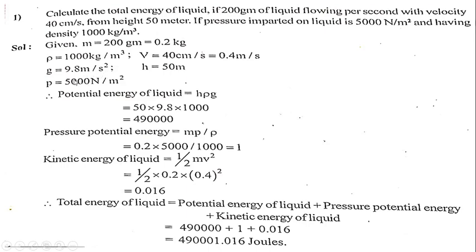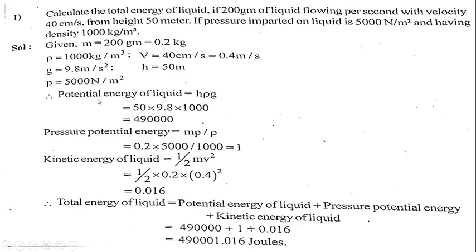Also the pressure imparted on liquid is P equal to 5000 Newton per meter square, H equal to 50 meter, and velocity is equal to 40 centimeter per second, that is equal to 0.4 meter per second.